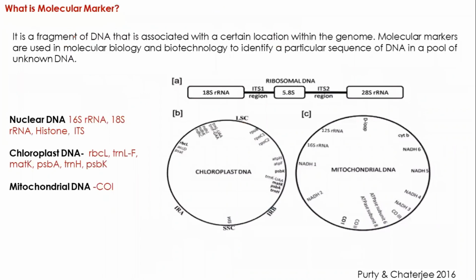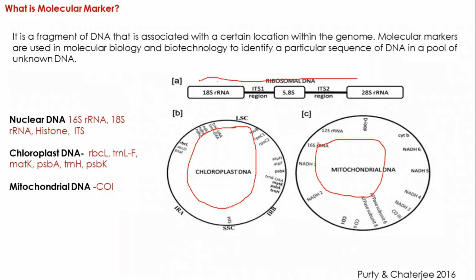A molecular marker is a fragment of DNA that is associated with a certain location within a genome. Okay, so suppose this is a chloroplast DNA of any plant, or a mitochondrial DNA of any animal, or a ribosomal DNA of any fungi.